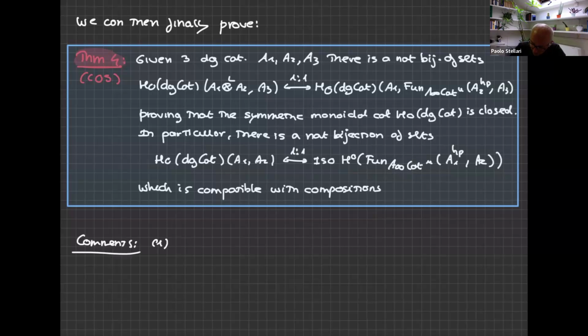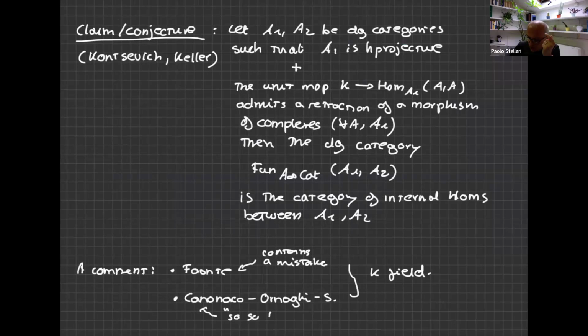So the final comments are the following. First of all, the theorem implies the AK conjecture. You remember that in the conjecture, the first category is assumed to be H projective, so taking the projective resolution doesn't do anything, essentially.